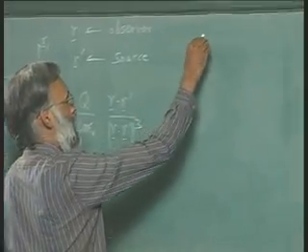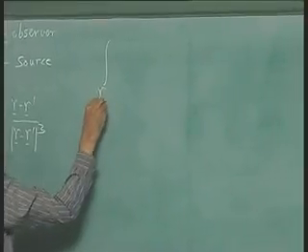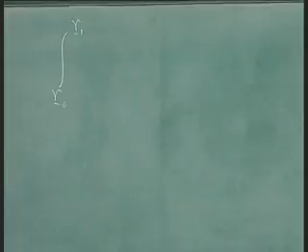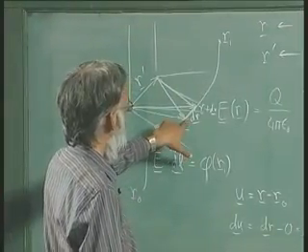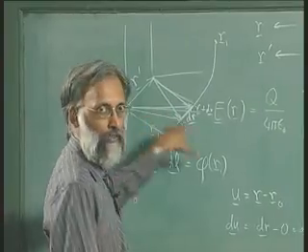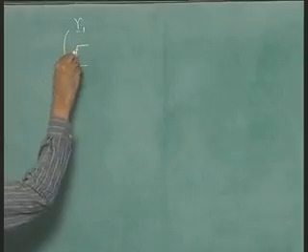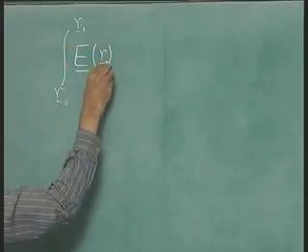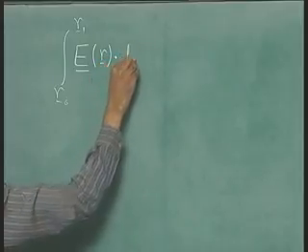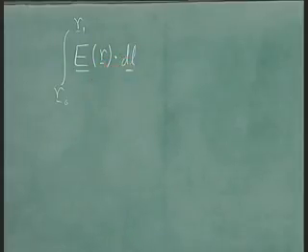So, we start with the integral r naught to r1. I am changing this final point to r1 because I used r for the intermediate point as well. So, r naught to r1, the electric field dot dl, that is where we start.